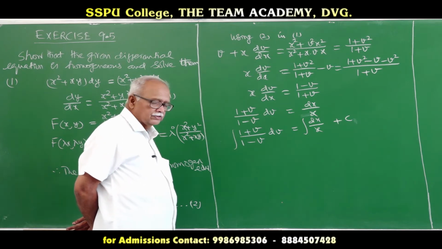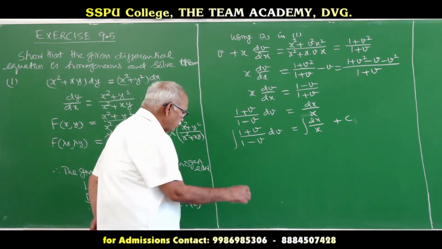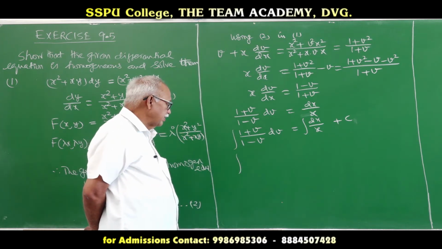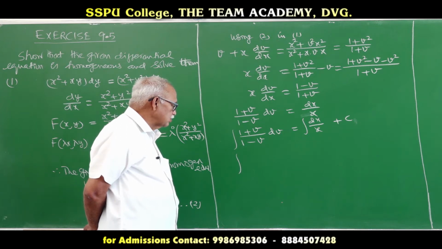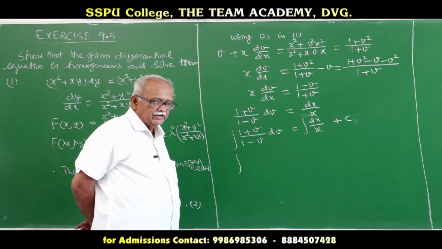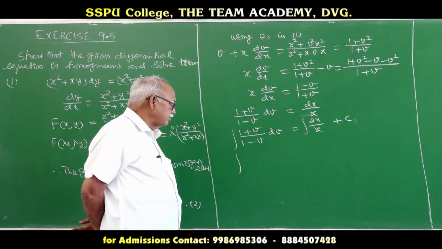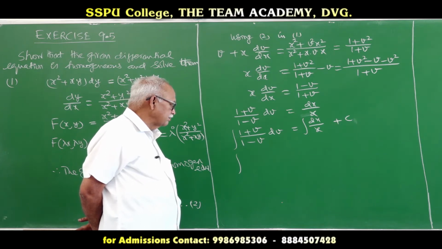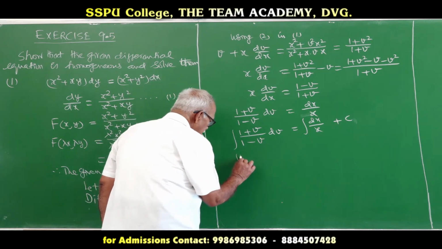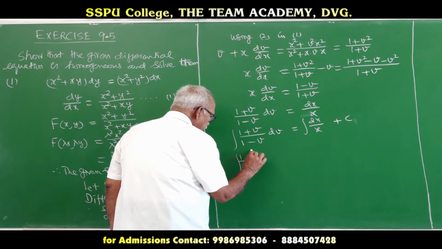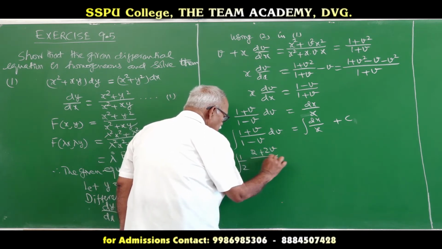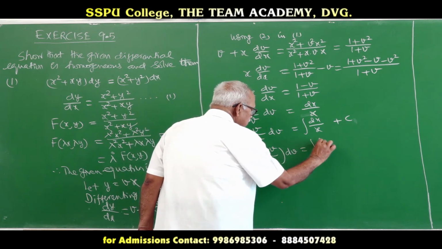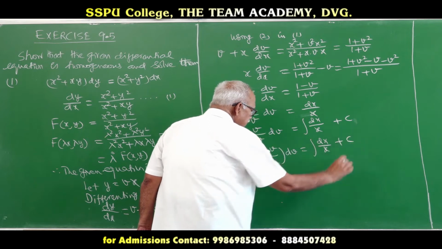How will you do this? Here at least we need v − 1. So if you take minus 1, we have to take plus 1. So it becomes (1/2)(2 + 2v)/(1 − v) dv = dx/x + c.